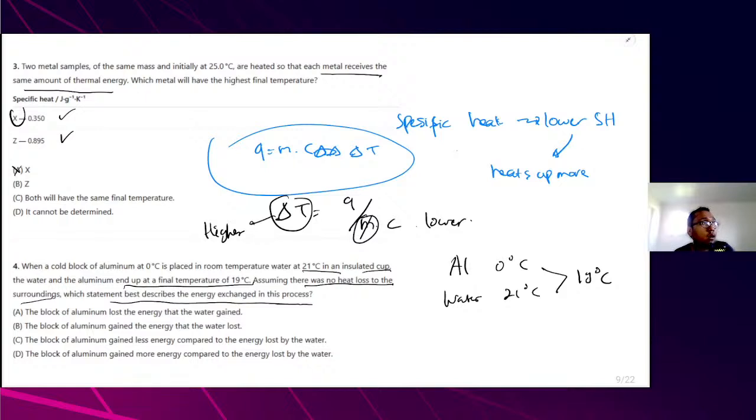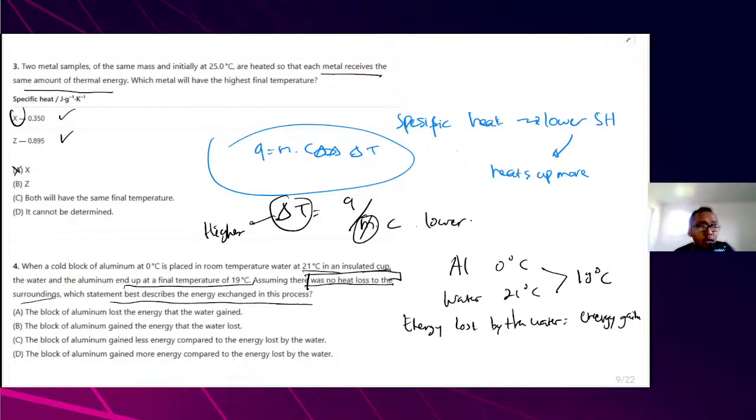So what's the conclusion from this one? In an insulated system, energy is conserved, right? So the energy lost by the water will equal the energy gained. There is no energy lost to the outside, because here there is no heat loss.